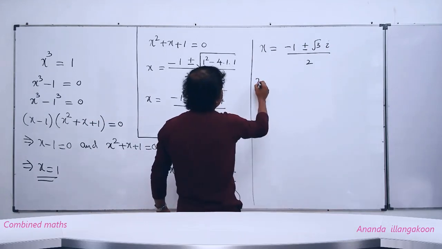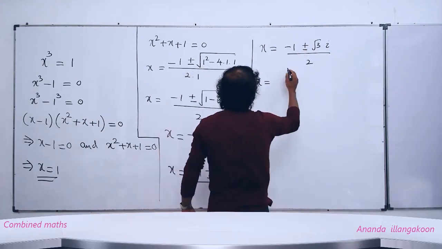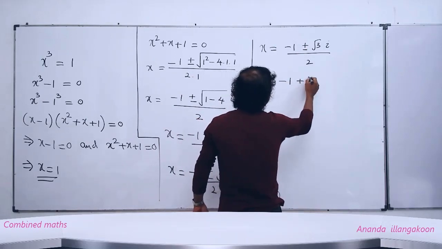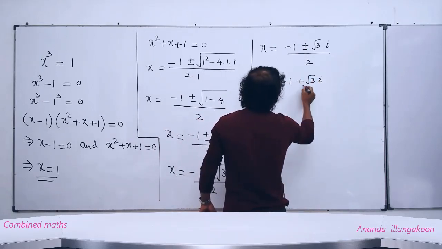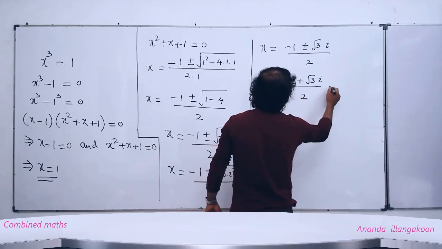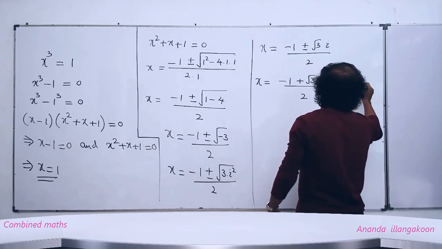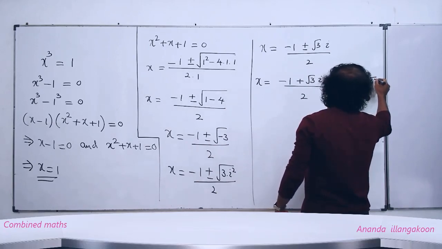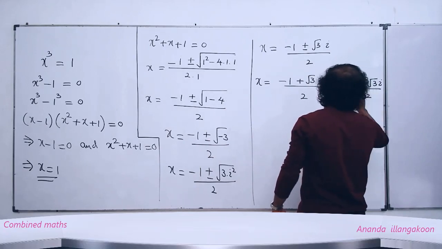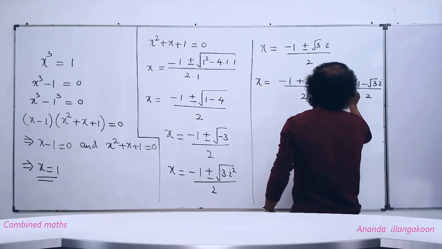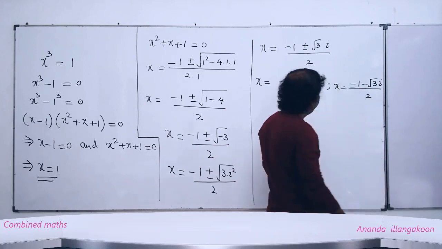Then we get one answer for x. Take this plus sign: minus 1 plus root 3i by 2. Another one, x equals minus 1 minus root 3i by 2. This way, two answers we get.